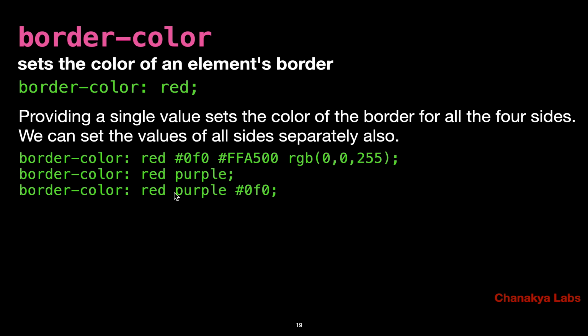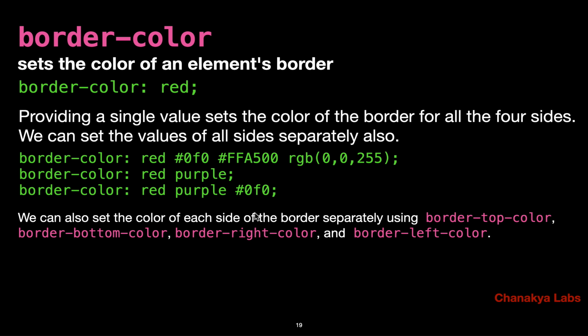We can pretty much use any color data type, which means that it can be a simple keyword, it can be hex code values, shortcut hex code, long hex code, with opacity, without opacity, everything is fine. And obviously RGB or RGB with opacity, any valid CSS color you can put in these places wherever you want to use one color, two color, three color, or four color, anywhere.